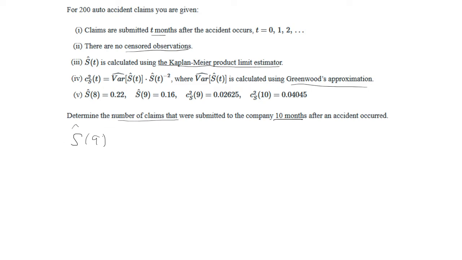We're given that's 0.16, which we use with the empirical method, which is R of 10 over the number of auto accident claims. So R of 10 is 200 times 0.16, which is just 32.